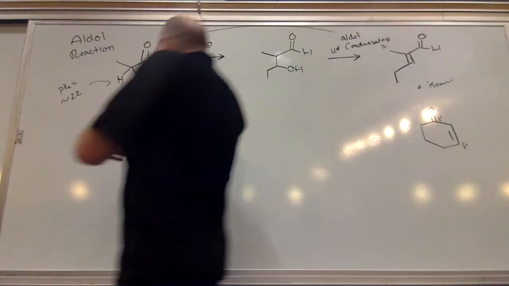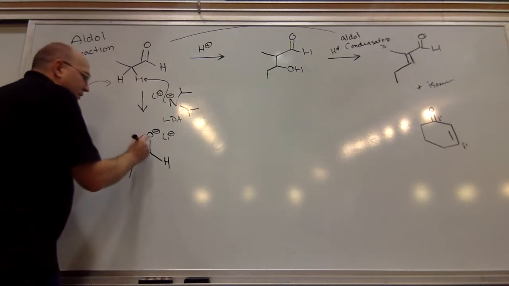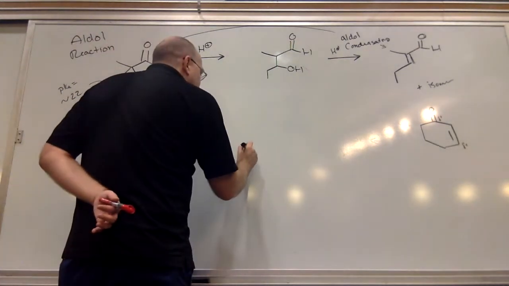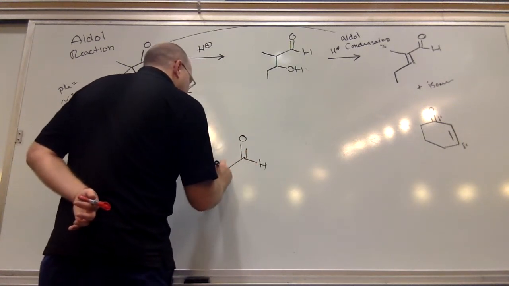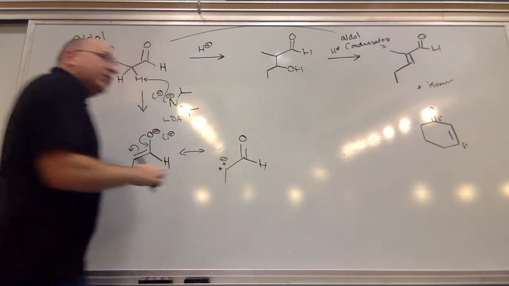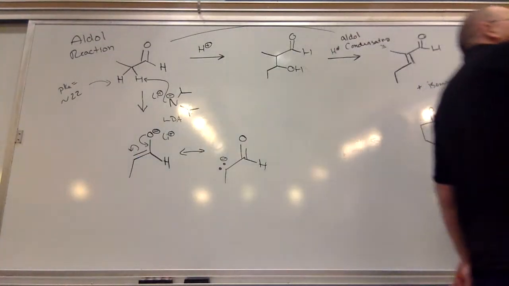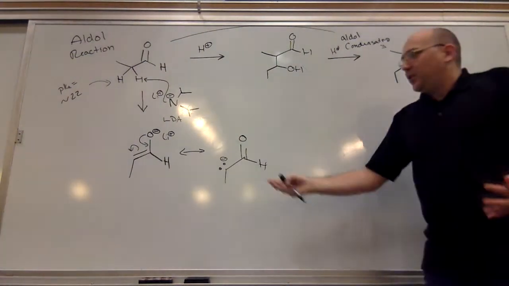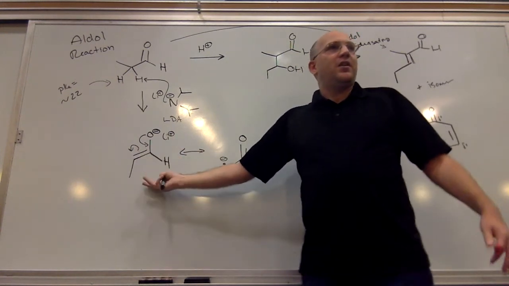For the most part, pretty much all we're going to talk about in this class is the reaction that can be denoted through this resonance form, which is the major contributor to the resonance hybrid.